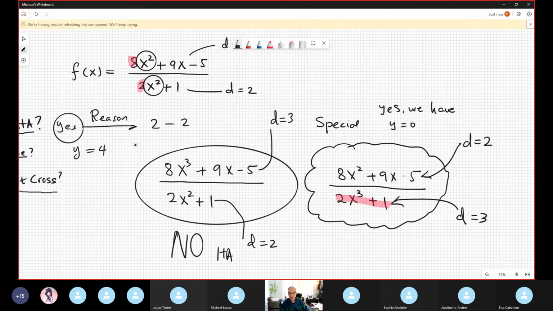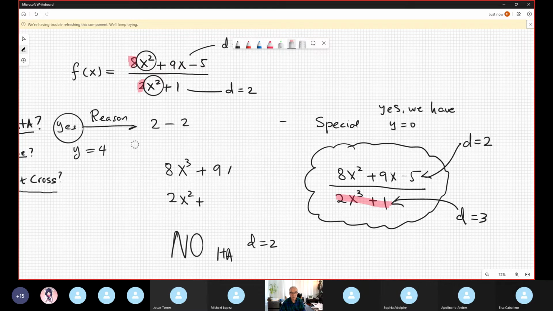To have a horizontal asymptote, two conditions: equal degree, or the degree of the denominator bigger. But if the degree of the numerator is bigger, no, we have another thing we study in a few minutes. Clear? All clear? Yes.